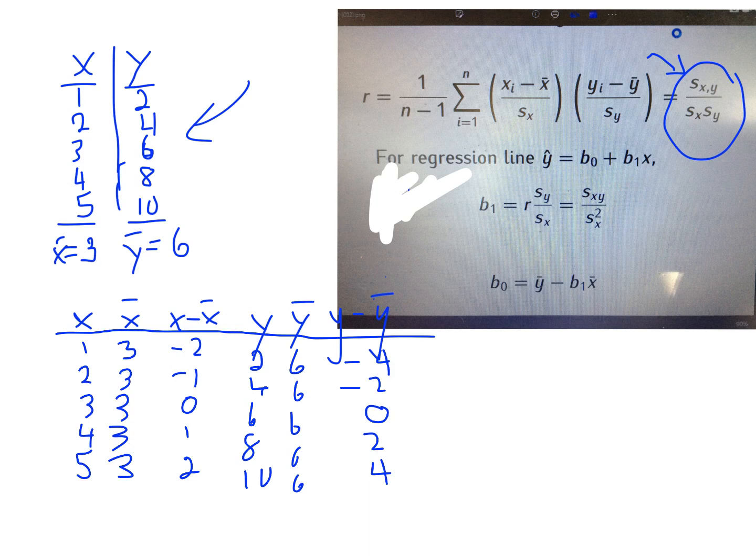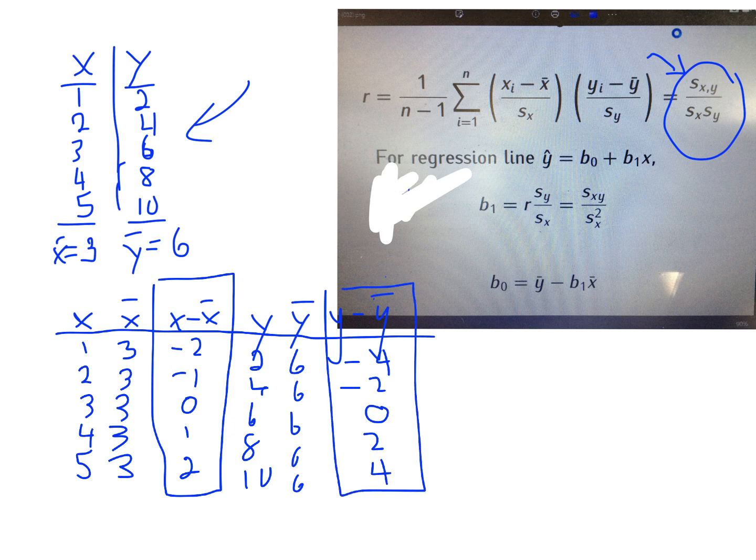Okay, so that's where the covariance is going to come from. What we're going to do is look just at these numbers and these numbers. And this formula says we're going to multiply them together, and we're going to add them up at the end, and that's how we get our SXY, the covariance.